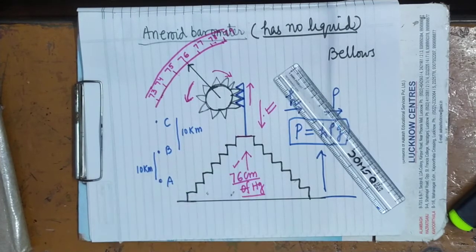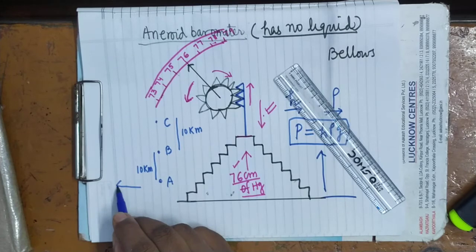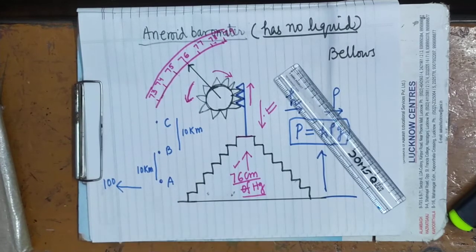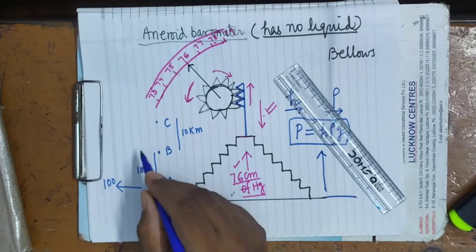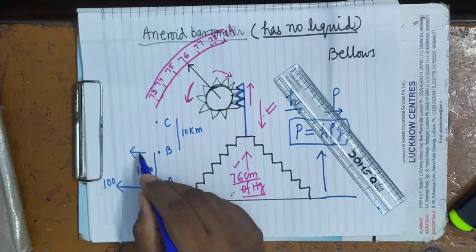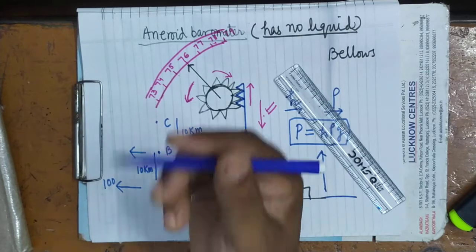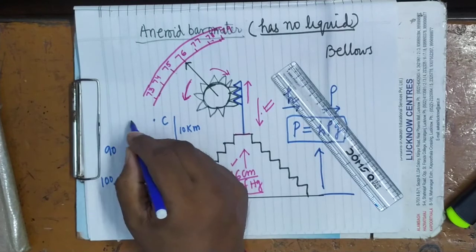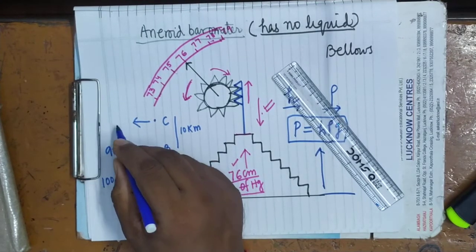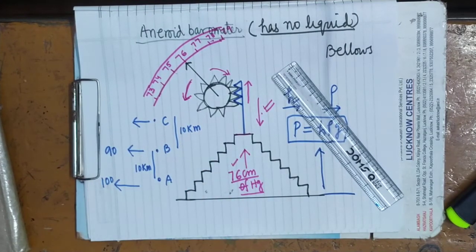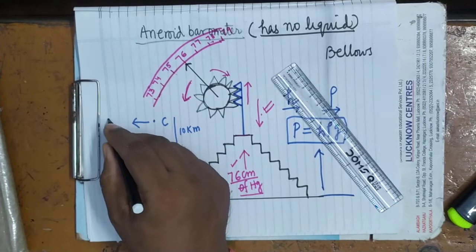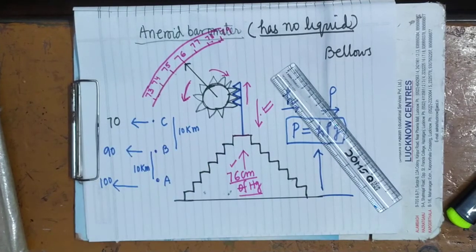If you assume that the density of air at A is 100 kilogram per meter cube, at B it will become less because the air has become rarer on moving up. It has become 90. What will be at C? At C, it will not be 80. Though there is the same gap of 10 kilometer, at C it will decrease more. Suppose it becomes 70.